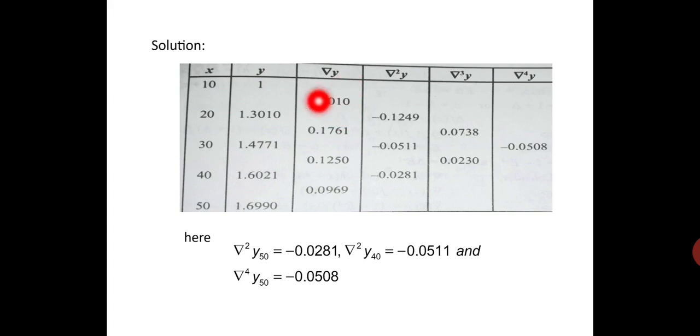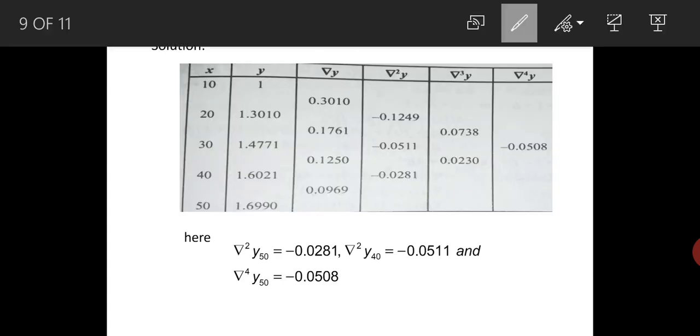Now we are making the differences, that is 1.6990 minus 1.6020. What is its value? We have written it here. Here we wrote the difference between these two.